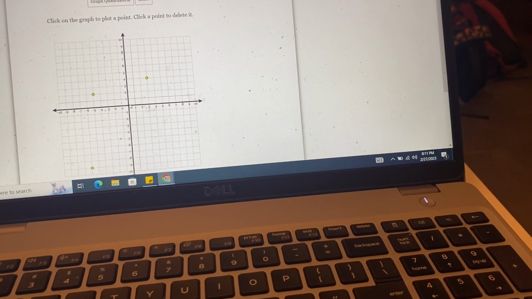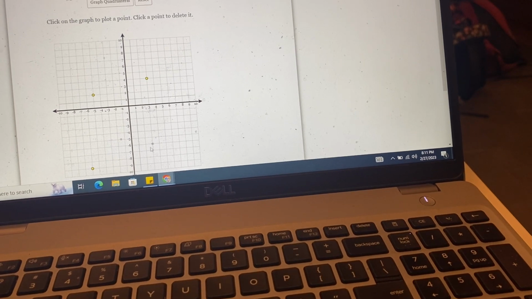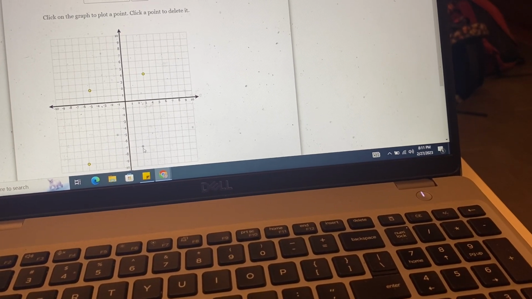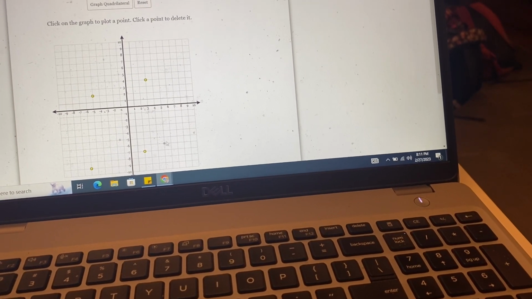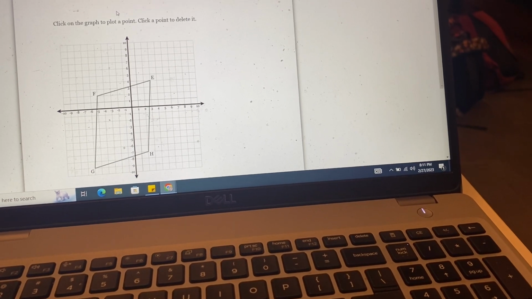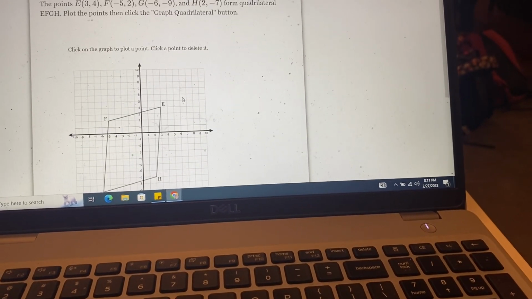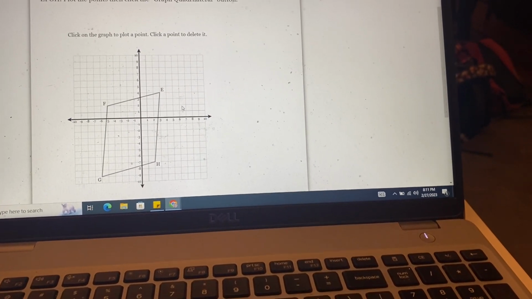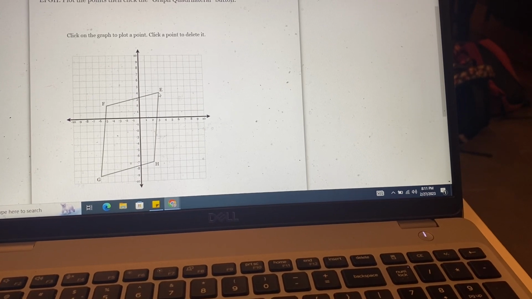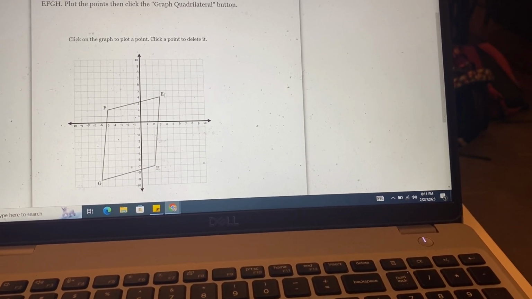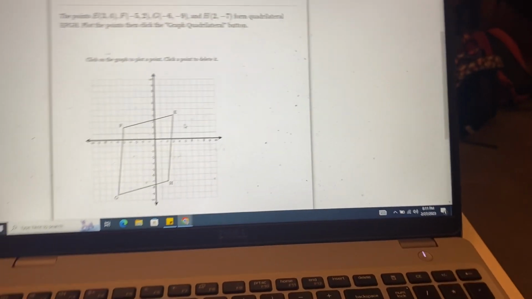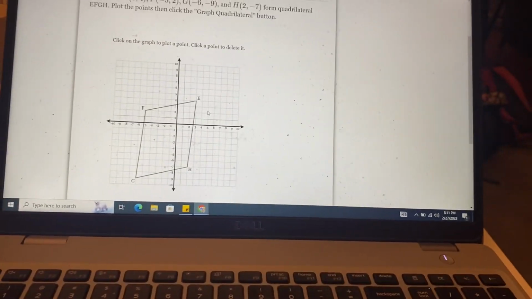And then I'm going to go to 2, -7, and click there. And then I'm going to say graph that quadrilateral. Now, it likes what I have done, so it fills it in. If I had not gotten this E in the right place, it would have stopped me and made me fix it before I could move on.